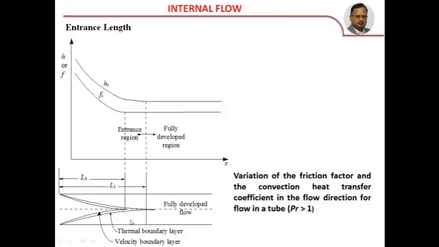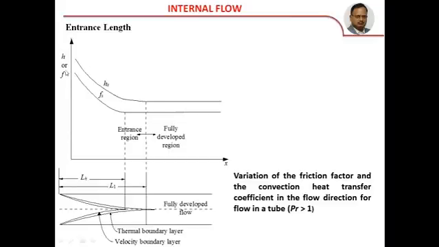Now let us quickly have a look at the entrance length. This is how the boundaries are developed. If Prandtl number is greater than 1, the velocity boundary layer is shorter and the thermal boundary layer will be more. That means the entrance length. This is the thermal boundary layer and this is the velocity boundary layer. Afterwards the flow is called fully developed flow.